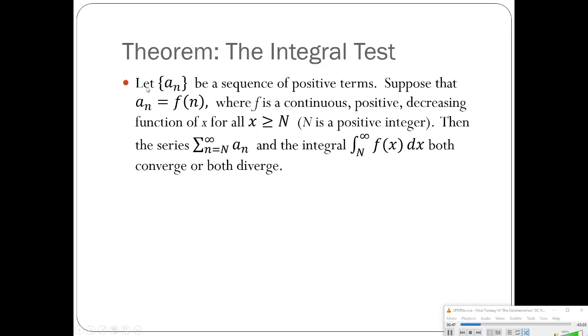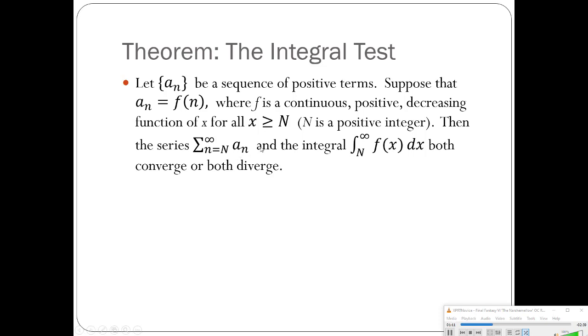So wherever the series actually matches up with the function, if you can calculate the integral of that function from N to infinity, and it's finite, it converges, and the series has to converge as well, and vice versa. If this diverges, the series has to diverge as well.